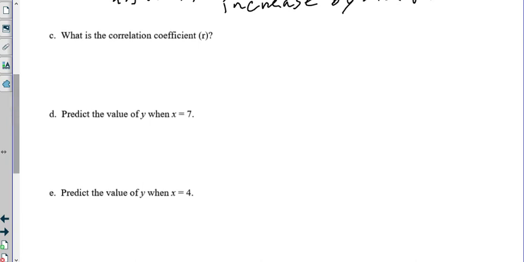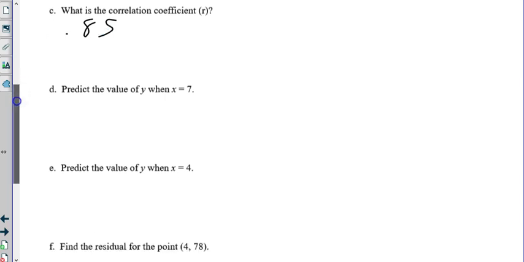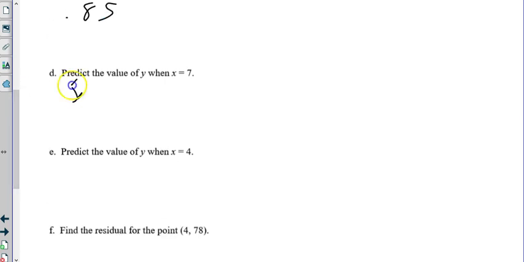Okay, what is the correlation coefficient? That's right off our calculator. We're done. 0.85. Predict the value of y when x is 7. Y hat equals 56.11 plus 5.04 times 7. We just plug it in.